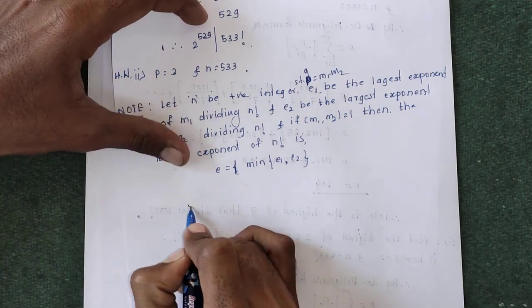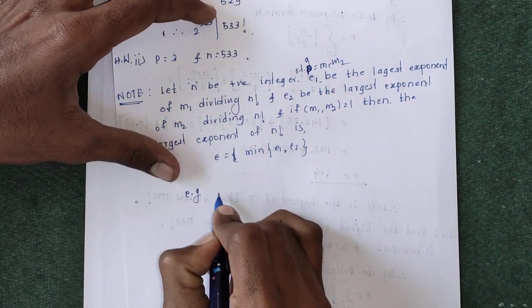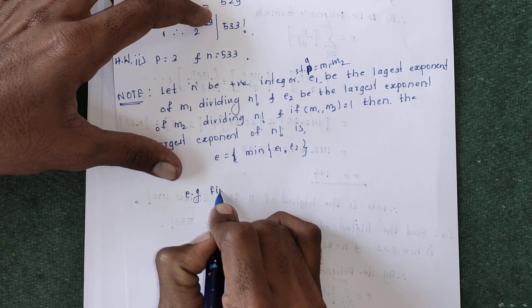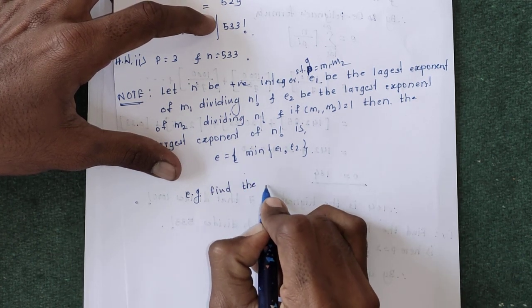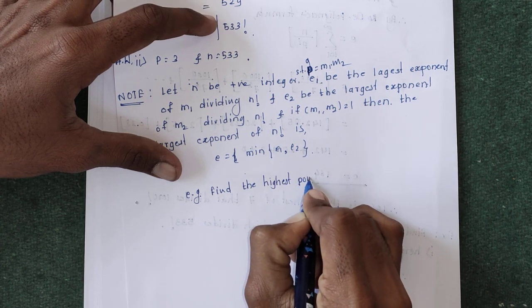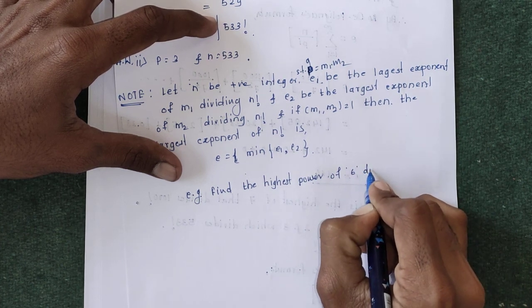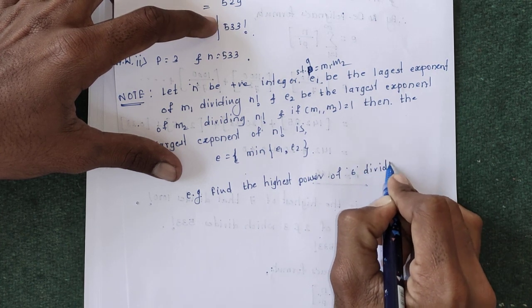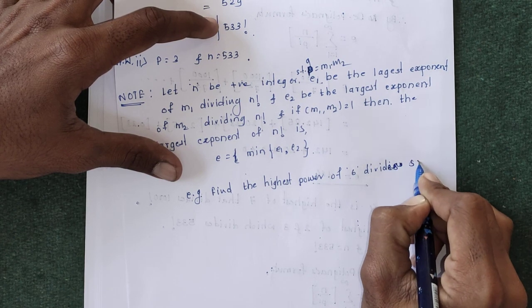So for example, suppose you are given such an example: find the highest power of 6 that divides 533 factorial.